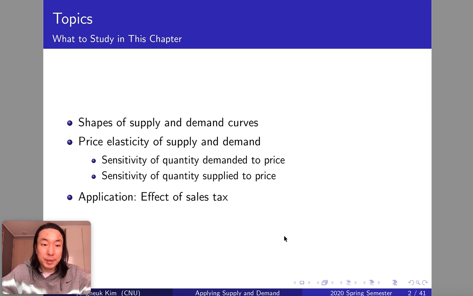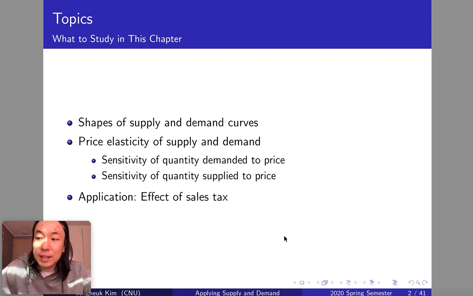Simply saying, the elasticity of the supply and demand curves can be read exactly from the shapes of the curves. So it is easy because we can use graphics rather than mathematics, and you can still understand the same thing. So we'll study that with graphics and in some economic terms.